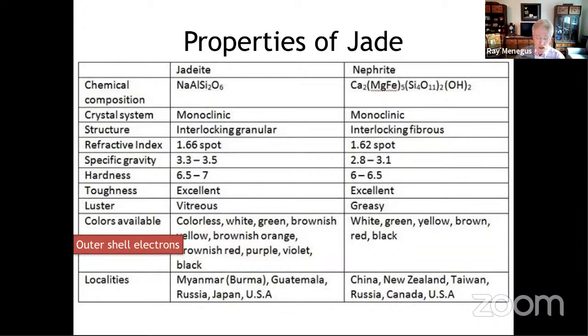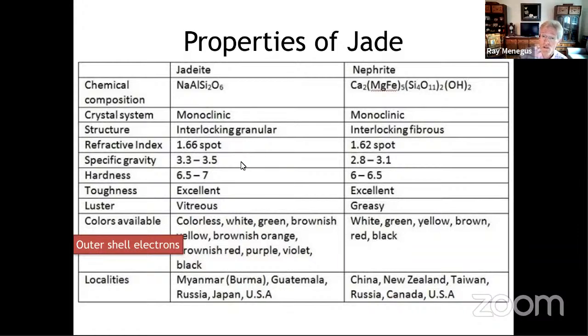The other property is the refractive index. Since the refractive index of jadeite is higher than that of nephrite, if you have a nice finely polished piece, the light will go through it and bend more, and it'll give it more of a gem-like quality than the nephrite.